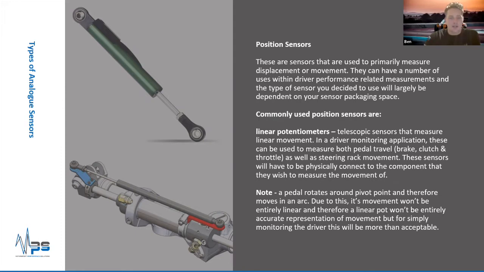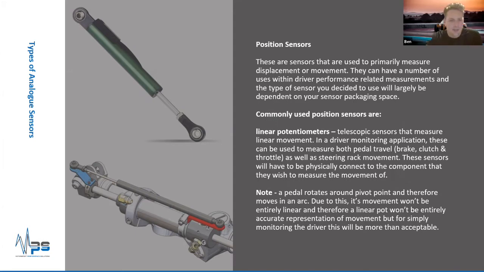Your pedal rotates around a point, it's got a pivot, it moves through an arc. It won't be entirely linear, but as we will discuss later with the 80-20 rule, in most cases you only want to see a general shape. So you could use this to track pedal movement. You could use this to track your actual throttle butterfly movement.